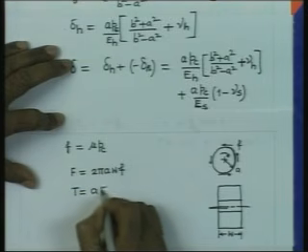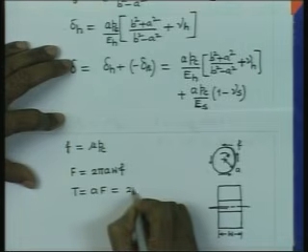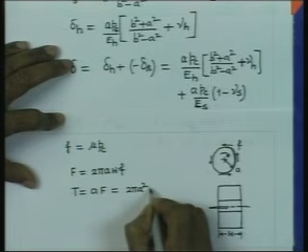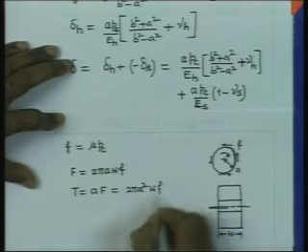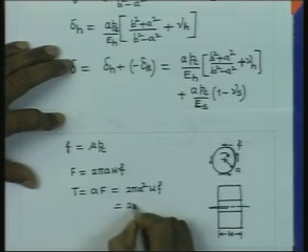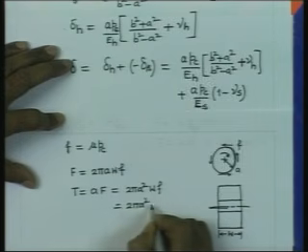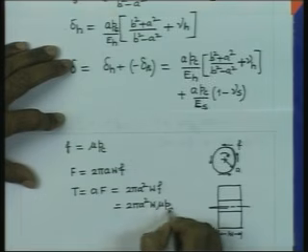So, therefore, it is A into F, and therefore, it is 2 pi A square W into F. So, if we now substitute the value, it is 2 pi A square W mu into Pc.